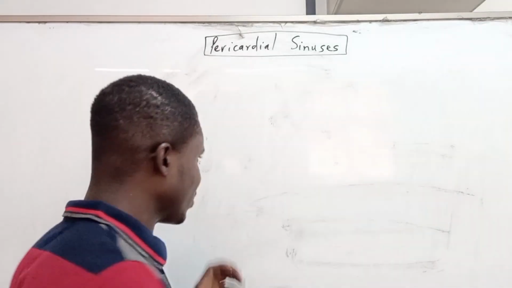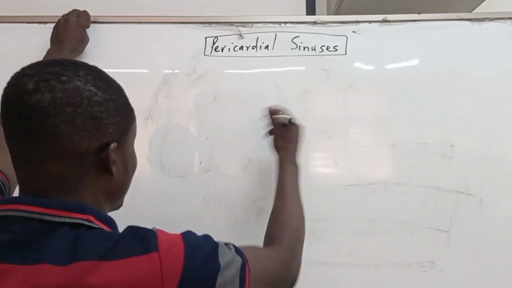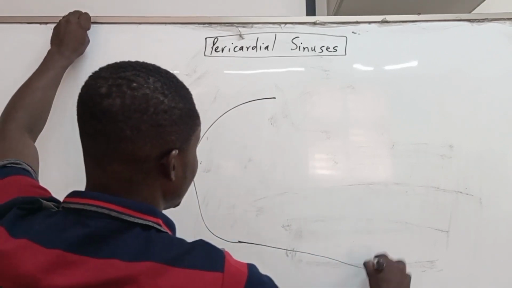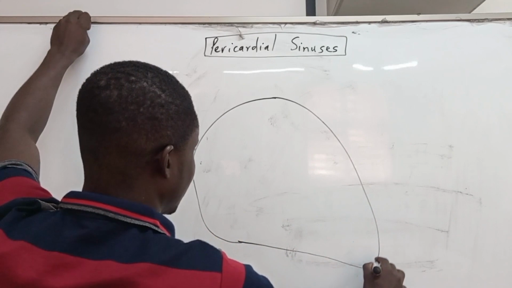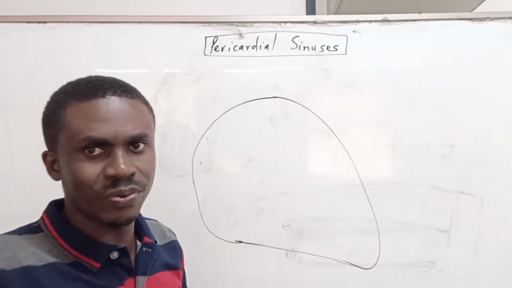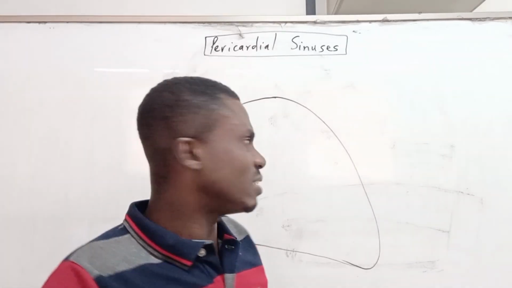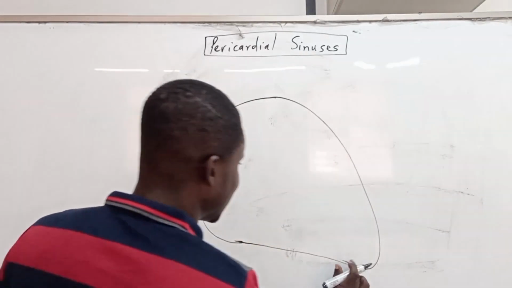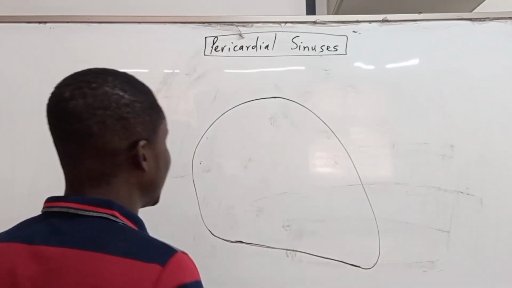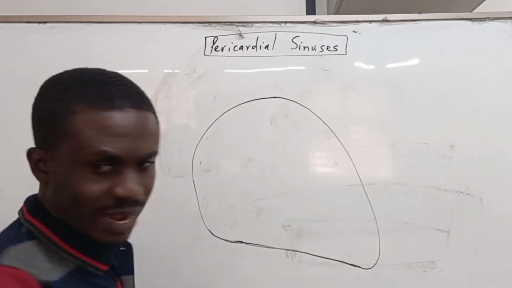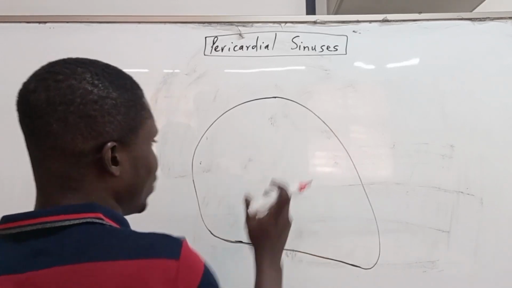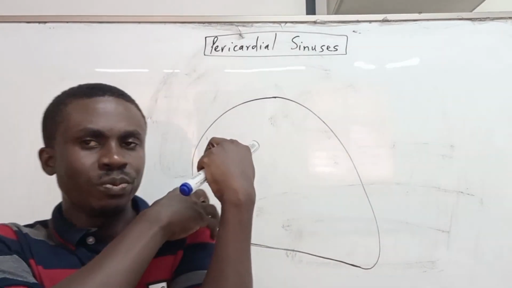Now, trying to just schematically show you something about the heart, let's try and draw this. Draw it as I'm drawing it. Let's take it that this is our heart. Now let's take it that I have the aorta, the tube, and it's like this.